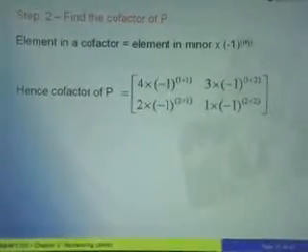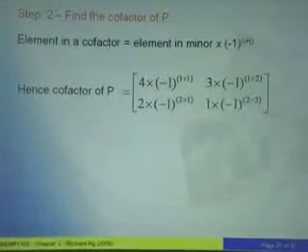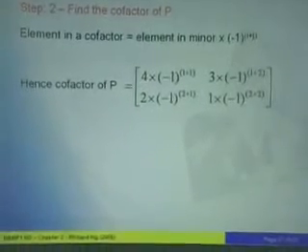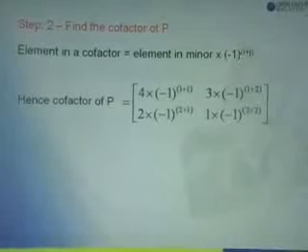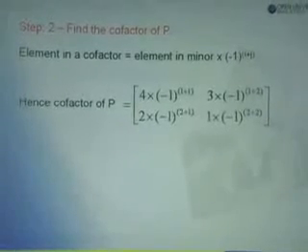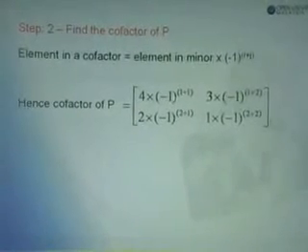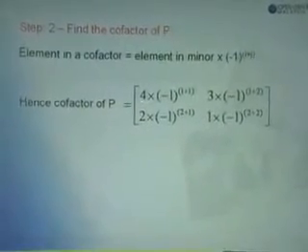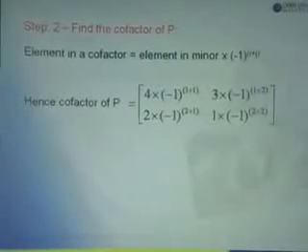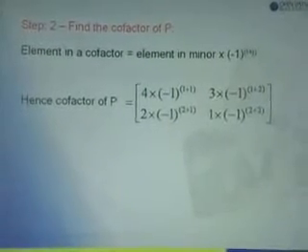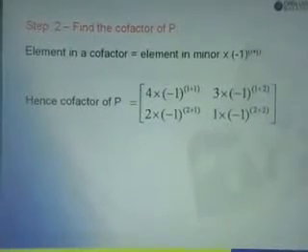So we have just now the first element of minor P is 4. So multiplied by this formula, -1 to the power I plus J. So we have -1. Since this is row 1, column 1, we put the power as 1 plus 1. And then the second element, 3, which is at row 1, column 2.